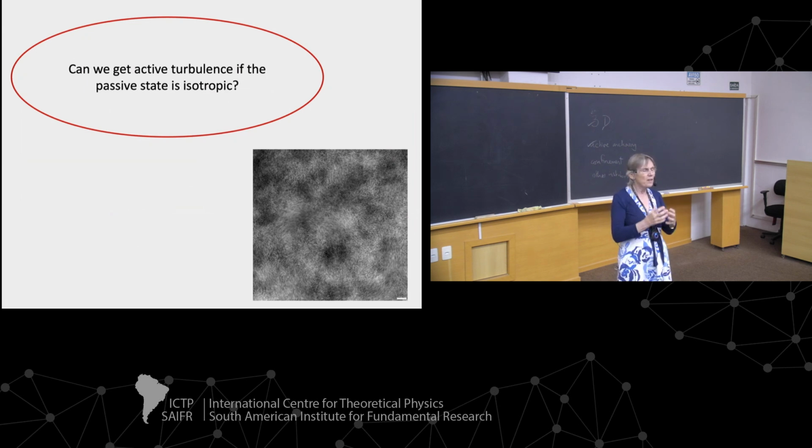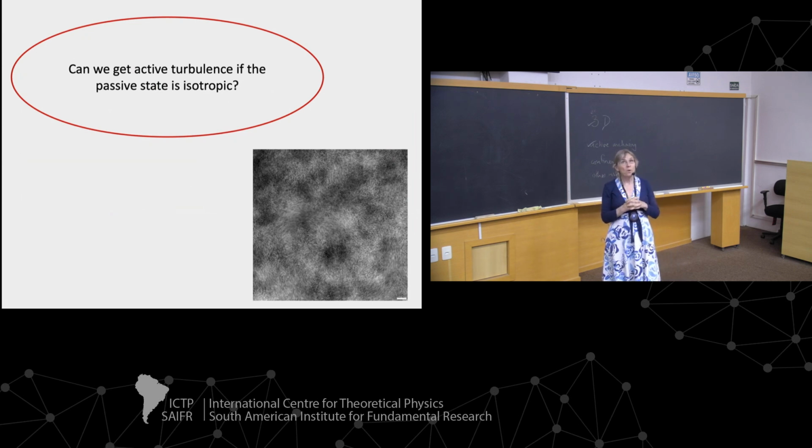If you turn off the activity, they don't form a nice regular nematic. They form something which you could almost call an isotropic phase with everything random. So instead of starting with a nematic, if I started with an isotropic phase, can I still get active turbulence? That's going to be very much closer to the experiments.